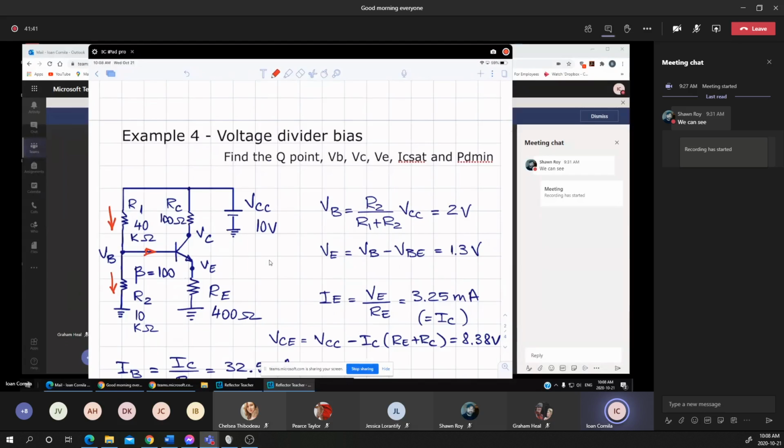If this current IR1 or IR2, let's say, is 100 milliamps, IB is at least 10 times less than 100 milliamps. Usually it's much smaller.